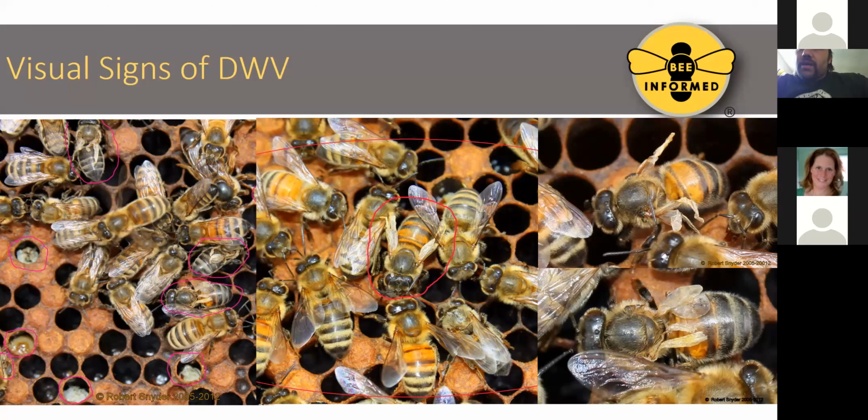That was brood that had either died from a virus, or there might have been a mite in the cell, and the bees started opening that and cannibalizing it. That goes back to a way these viruses can be transmitted, through cannibalization. And you'll also see the picture on the left where the queen is there, and she's another mode of transport for these viruses. If we go to the next slide, I'll show you some more images of deformed wing virus.